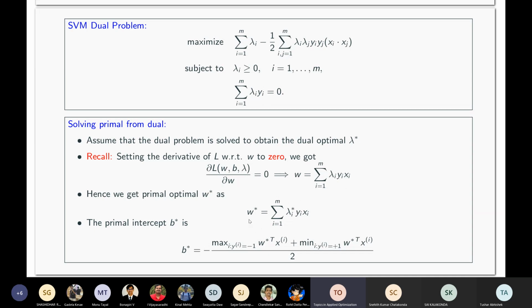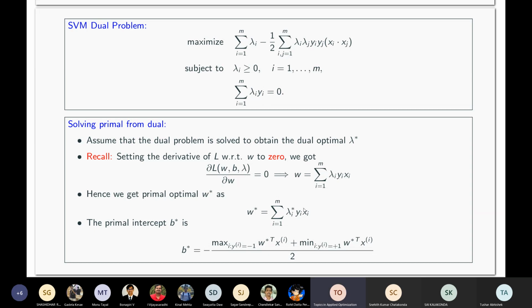Sorry, so W was our primal variable, right? So W star is something we are supposed to find. The x_i are your sample data, so you just substitute those sample data, and y_i is the corresponding label, and lambda star is the optimal solution of the dual, and that's how you get W star.